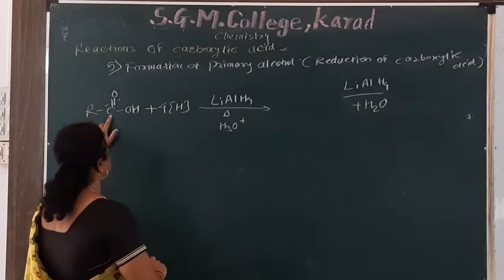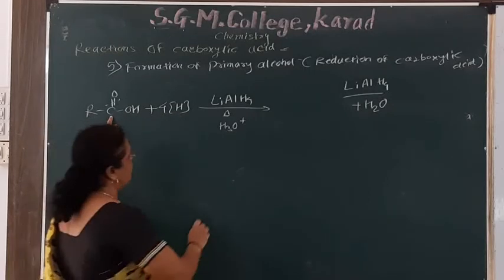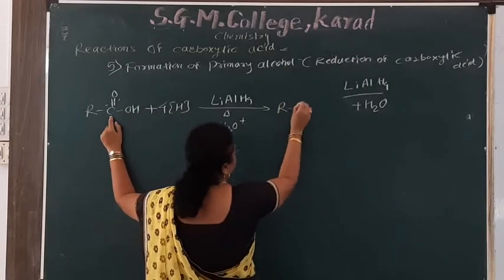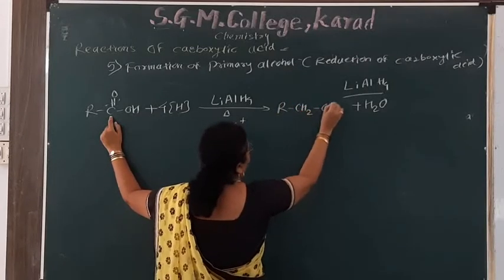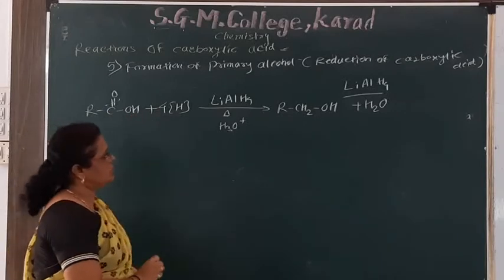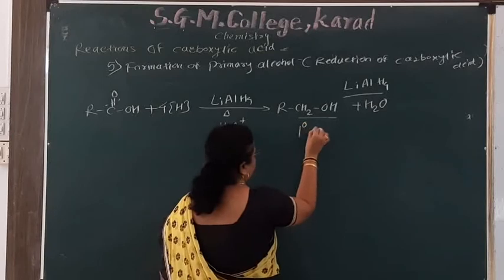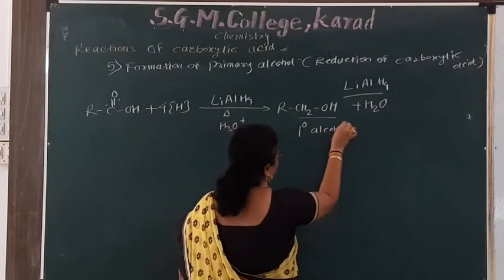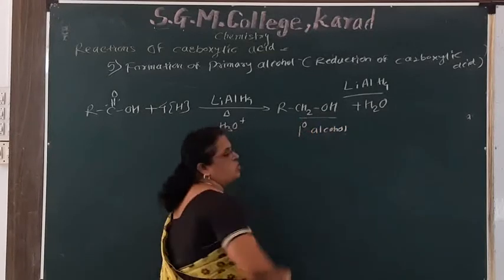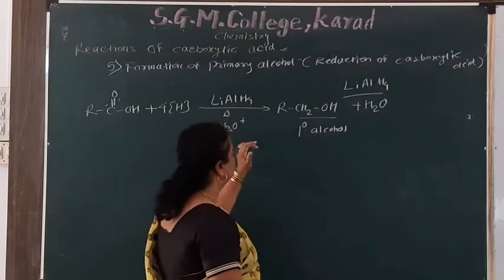Then 2 hydrogen atoms are attached to this carbon atom, giving RCH2OH. The CH2OH group means this is a primary alcohol. When the OH group is attached to the primary carbon atom, it is called a primary alcohol.